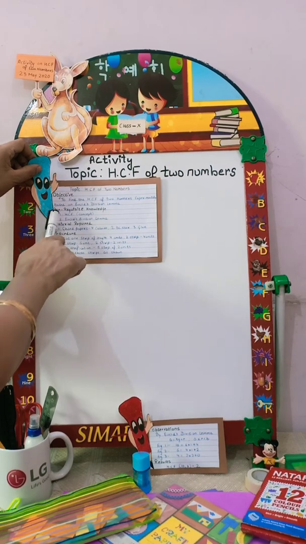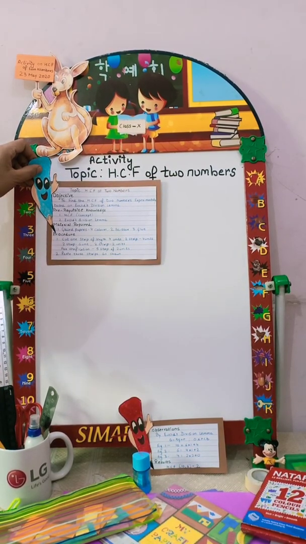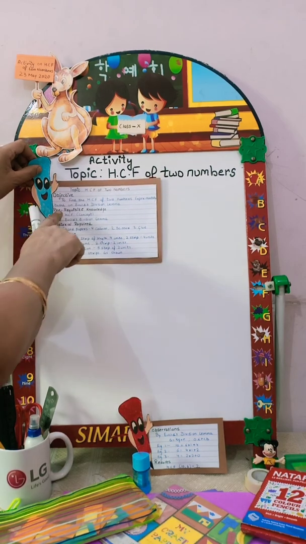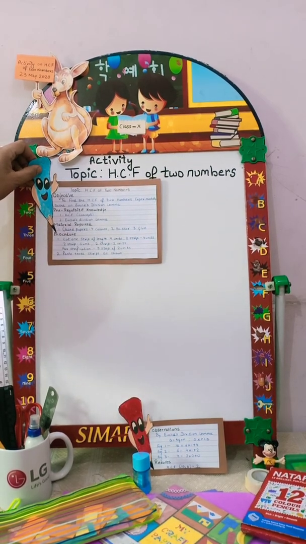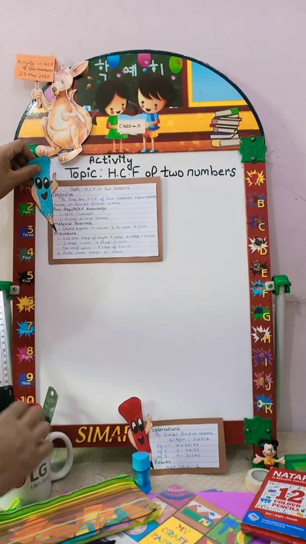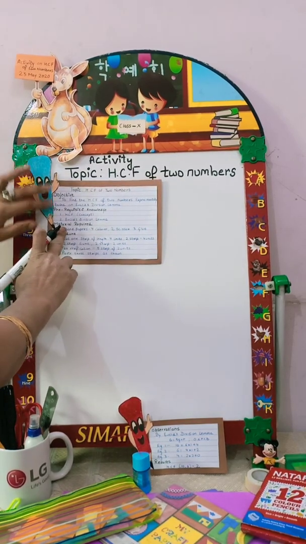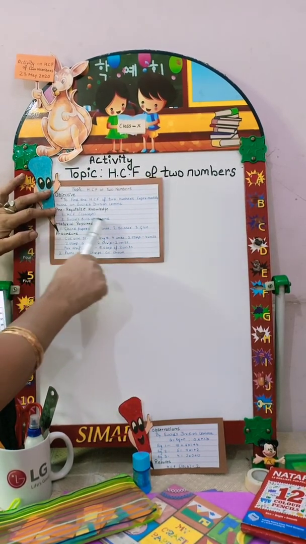Second, prerequisite knowledge. First of all, we go through the concept of HCF and Euclid's division lemma. Everyone knows what HCF is? HCF means highest common factor. Second part is Euclid's division lemma.